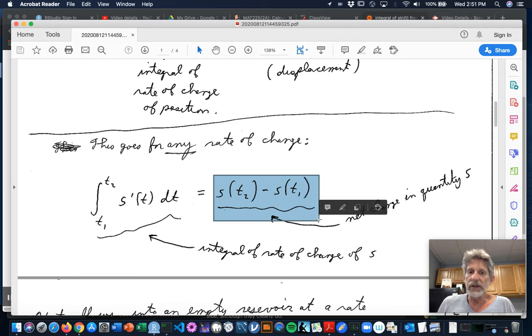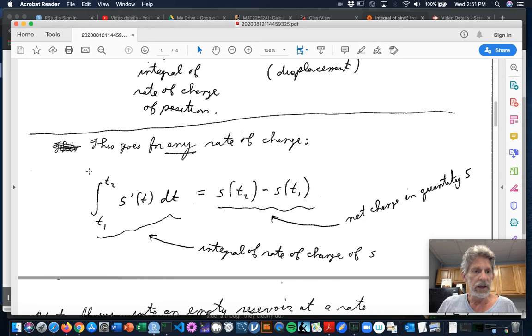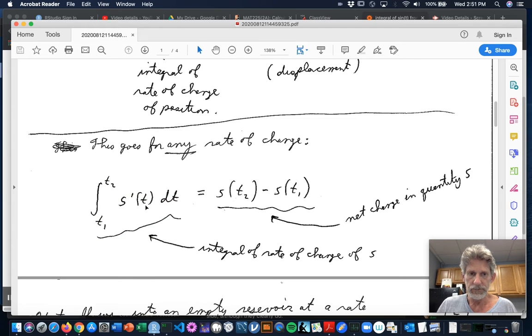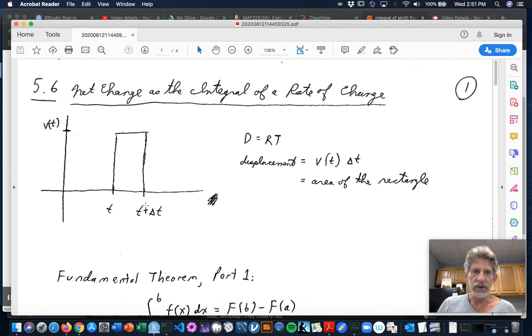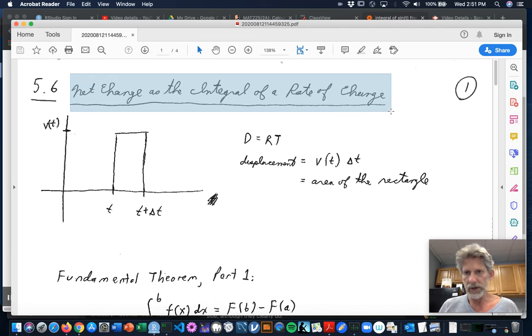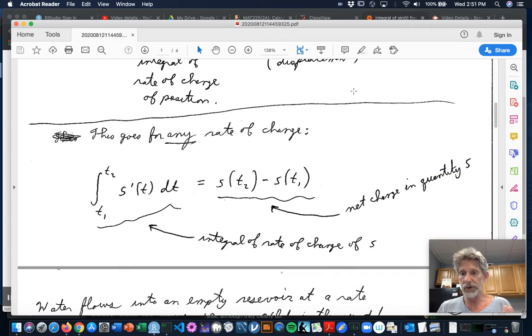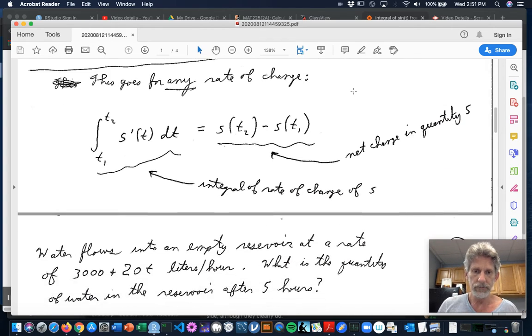The amount it changes from time t1 to time t2, this difference here, is just the integral from t1 to t2 of its rate of change function. So this is what the section calls the net change as the integral of a rate of change theorem. But it's really just the fundamental theorem of calculus, part one.